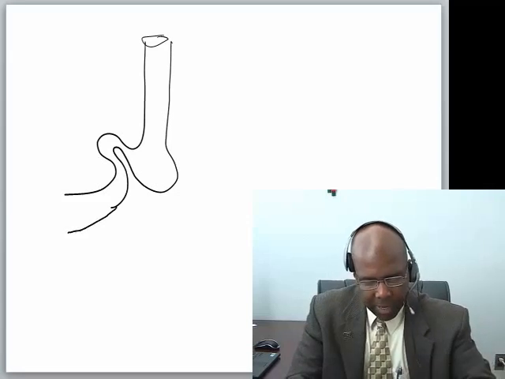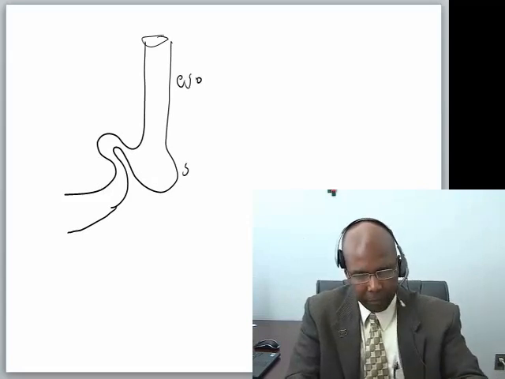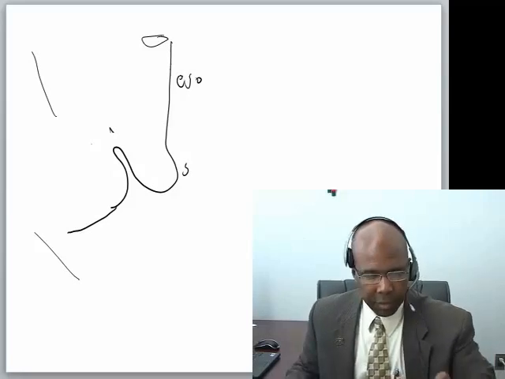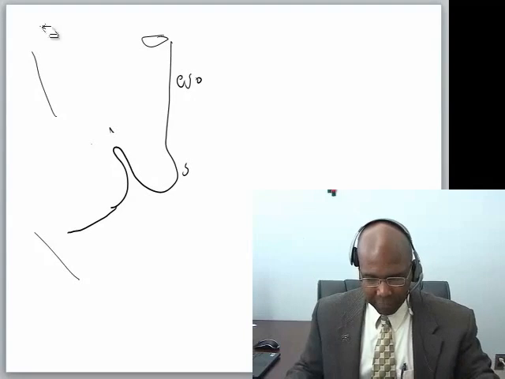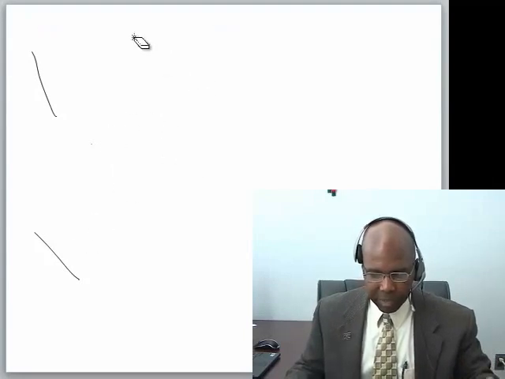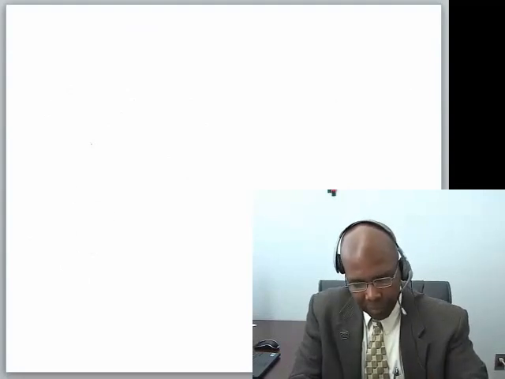Okay, now this is the esophagus, stomach. I need the stomach to be a little bigger, so I'm going to make the esophagus very short.